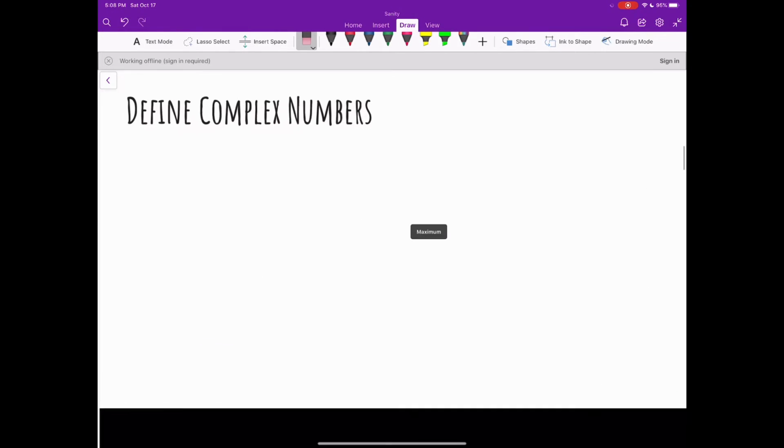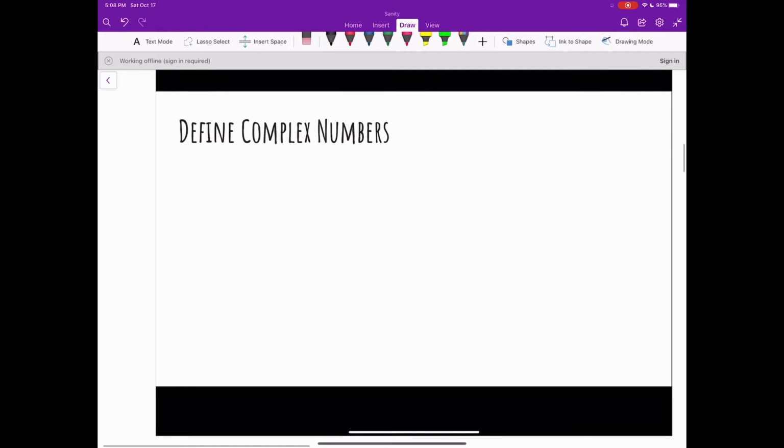All right, so definition of complex numbers here. I'm going to draw a little Venn diagram as well. So here is all of my real numbers. Real numbers are things we've been working with since first grade. Things like 2 or 1/2 or 4/5.